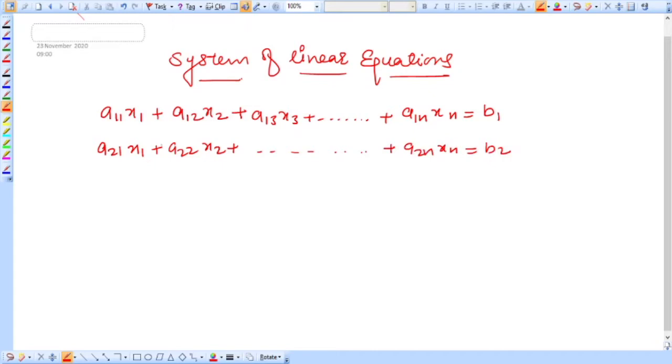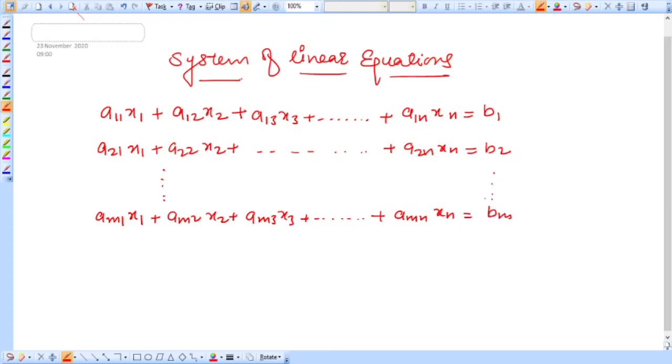Continuing in this way, lastly you write the mth equation, where m signifies there are m equations: am1 x1 plus am2 x2 plus am3 x3 and so on, plus lastly amn xn equal to bm.